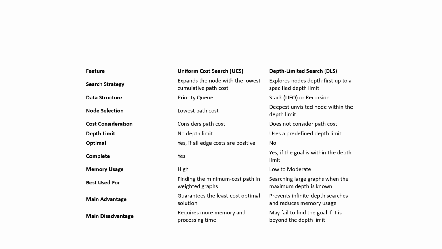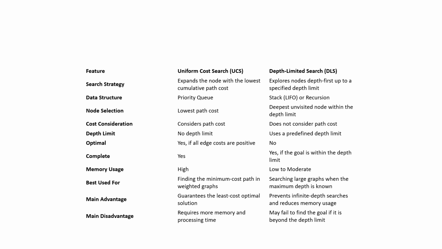In uniform cost search we take the lowest path cost, because only when each node and each step is considered by path cost can we reach the comfortable node with the lower cost value. And the depth limited search focuses on the deepest unvisited node within the limited search. It analyzes the deepest node, but we maintain the depth limit.